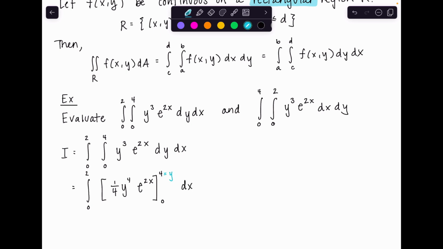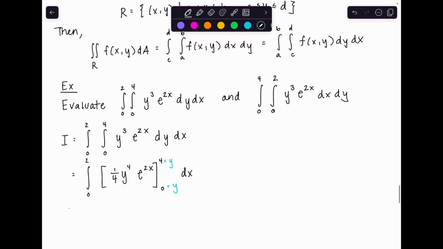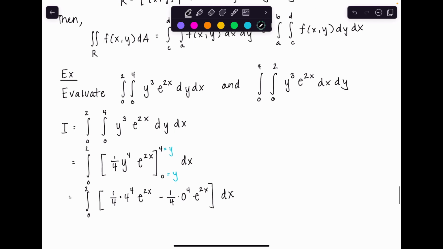And again, these are y bounds. So I like to put that in here just to remind myself which variable I'm replacing by that constant. So going through and plugging in 4, you have 1/4 times 4 to the 4th times e to the 2x minus 1/4 times 0 to the 4th, which that's always nice because this second piece just becomes 0.